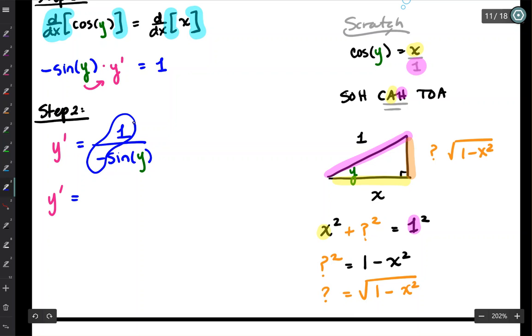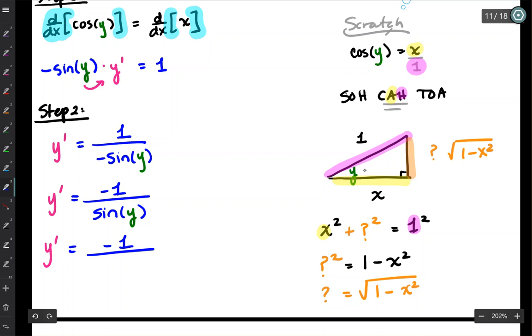The sine of y is the square root of 1 minus x squared divided by 1, which is just itself.